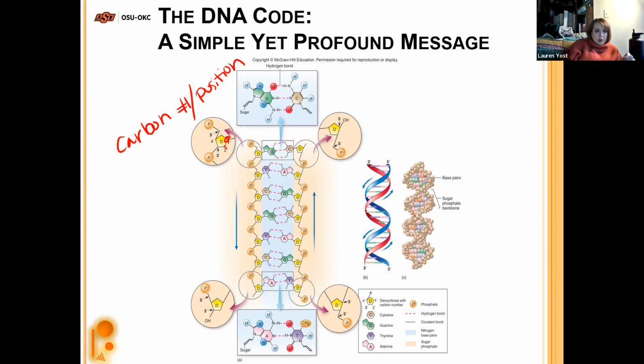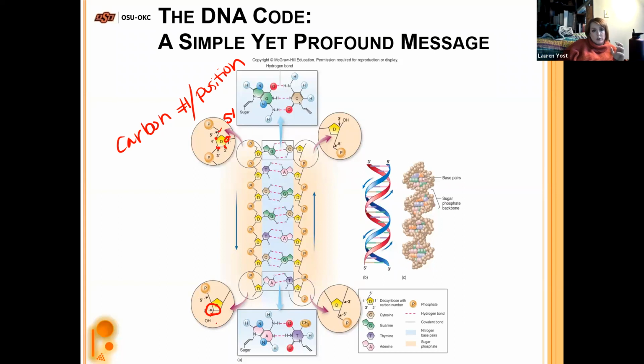And then this is carbon number 2, this is carbon number 3, this is carbon number 4, and this is carbon number 5. So this is the very end, one end. You can see that the 5 is up here at the top, so this is the 5' end. And then if you go down to the bottom, it'll end with that number 3 carbon in that sugar backbone, the sugar phosphate backbone alternating.